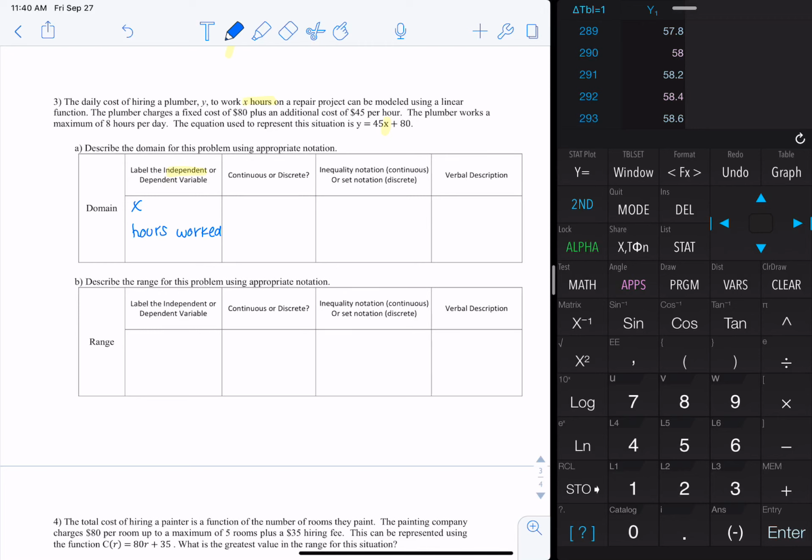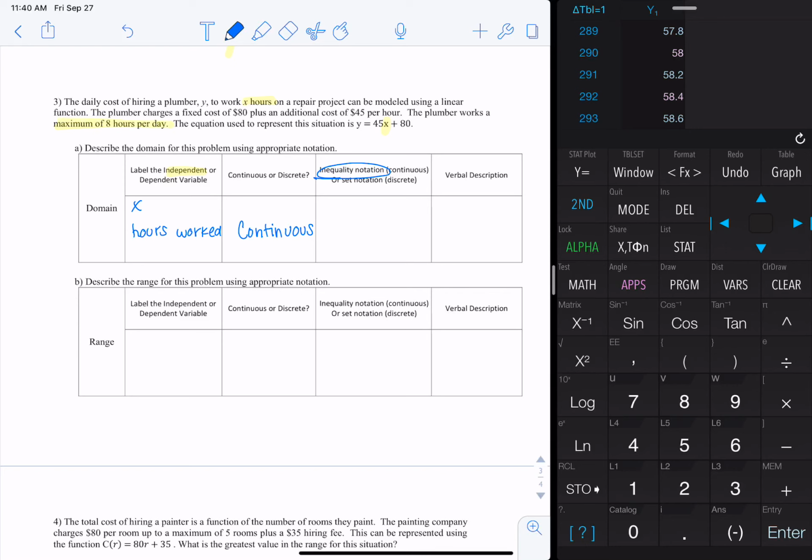So this one, unlike the mowing of the lawns, it's continuous. If it only takes the plumber 5 minutes to fix your problem, you still have to pay him for the 5 minutes, okay? If it's continuous, we have to use inequalities to talk about our problem. This says that he can work a maximum of 8 hours per day.